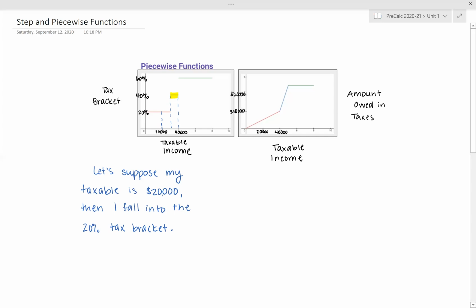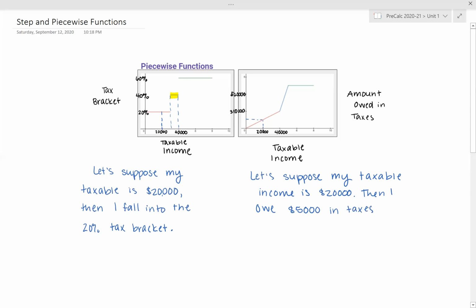Okay, so if I want to read this graph, I would say that if I have a taxable income of $20,000, then I owe, we'll guess that is about $5,000 in taxes.